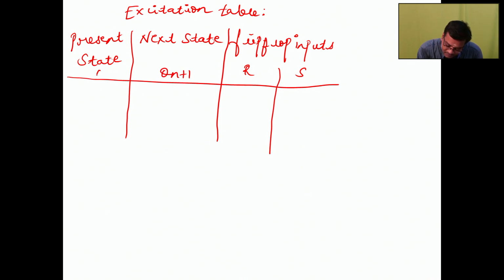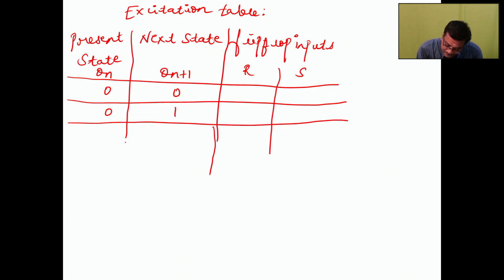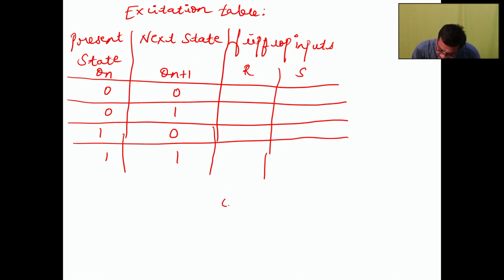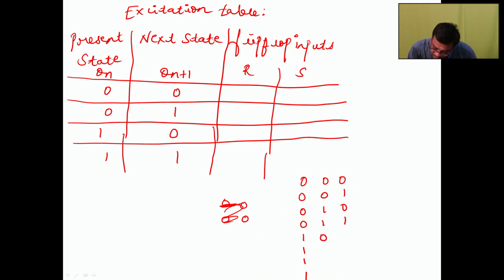Qn plus 1, Qn: 0 0, 0 1, 1 0 and 1 1. So we can write that characteristics table, and by using that only we are going to derive the things. 0 0 0 0 1 1 1 1, so 0 0 0 1 1 0 1 1 0 0 0 1 1 0 1 1.